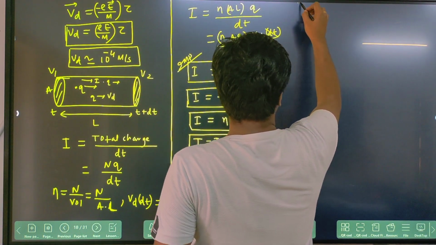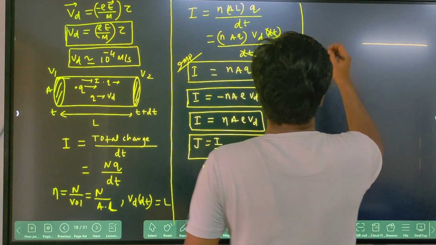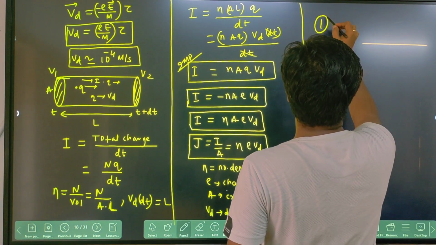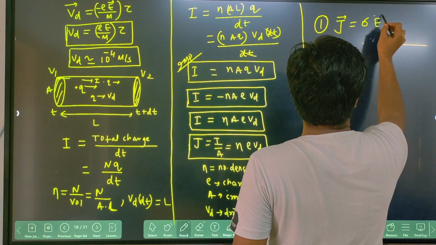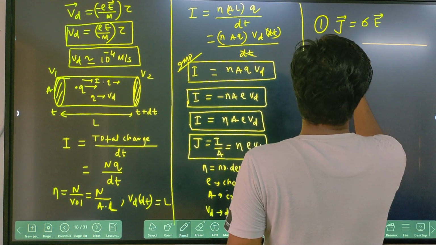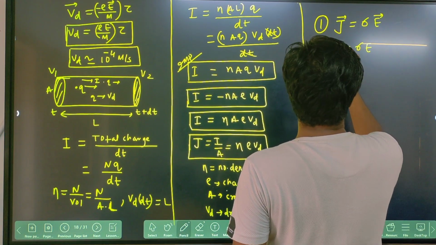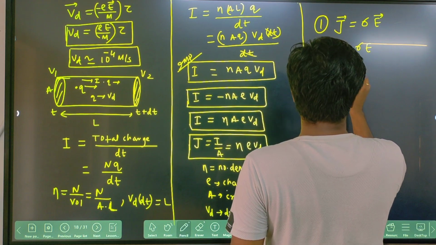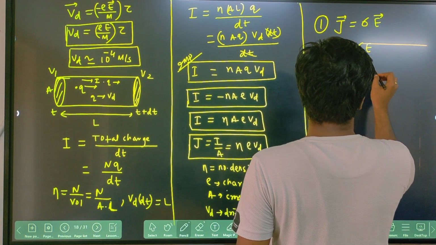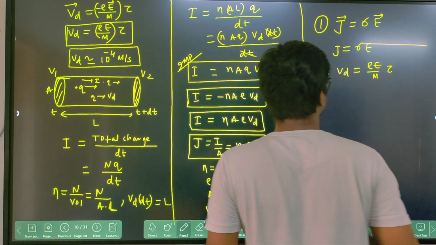Now what did we get here? We got three equations. First one, if you remember, J equal to sigma E, in scalar form. Second, Vd, the drift velocity, equal to E divided by m into tau.